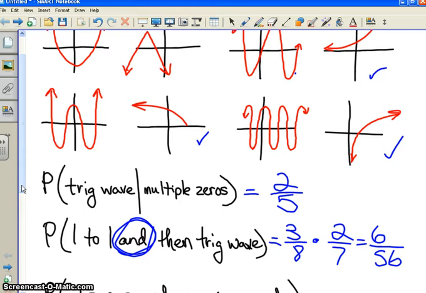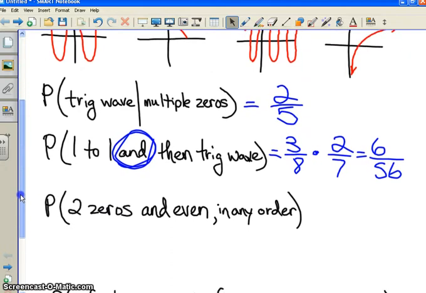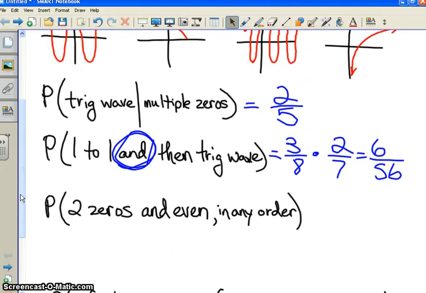The next probability is where we're going to start combining our addition and multiplication rules. We want to find the probability of picking a card, a function that's got 2 zeros, and a function that's even in any order. So I could perform this feat by picking a card with 2 zeros first, and then a card that's an even function second.